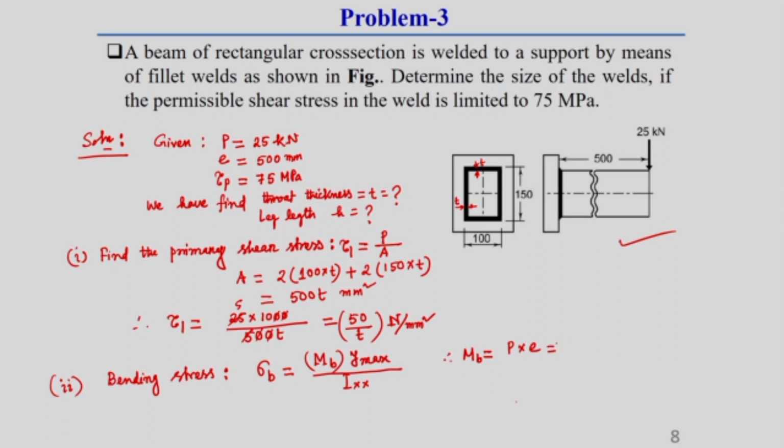So this is equal to P, given as 25 into 1000, into e, which is 500. So this gives us M b, and its unit will be Newton millimeter, because this is force into distance. Now, what is y max here?